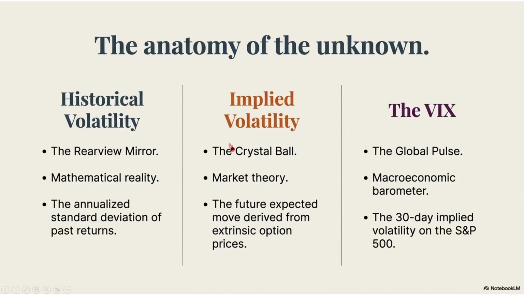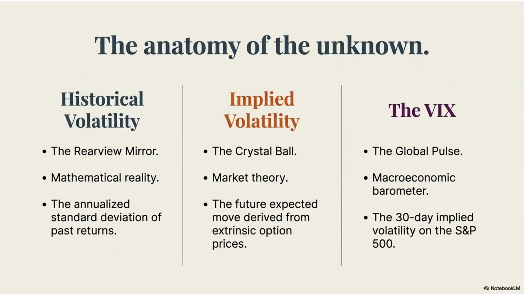So to summarize the anatomy of the unknown, historical volatility is the mathematical reality looking in the past. Implied volatility is the market theory acting as the crystal ball derived from extrinsic option prices.